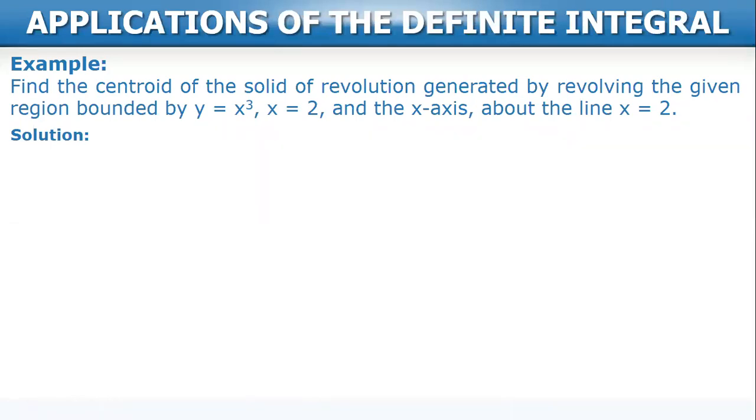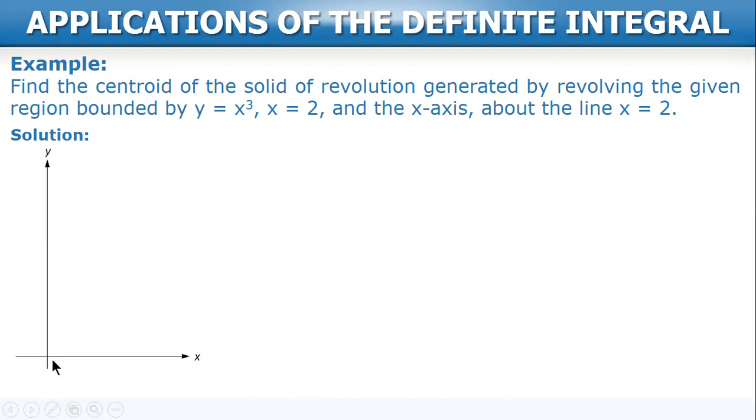Find the centroid of the solid of revolution generated by revolving the region bounded by y equal to x cubed, x equal to 2, and the x-axis about the line x equal to 2. Let us graph the curves.